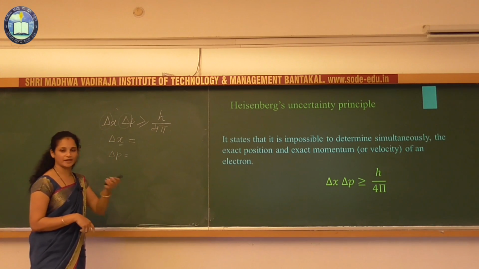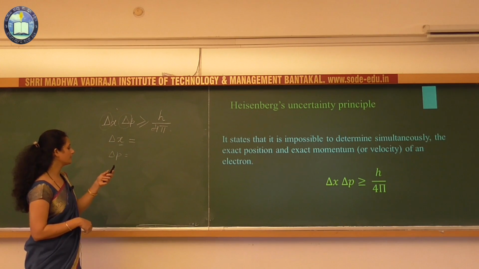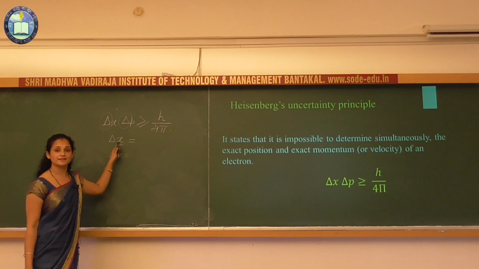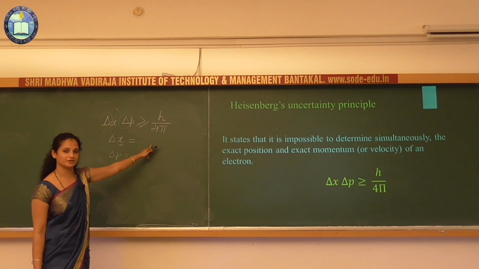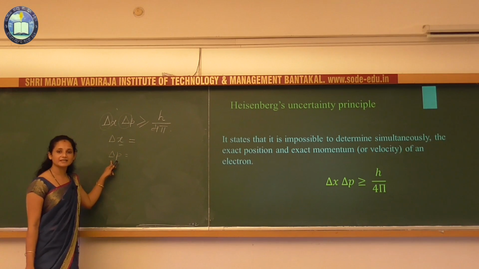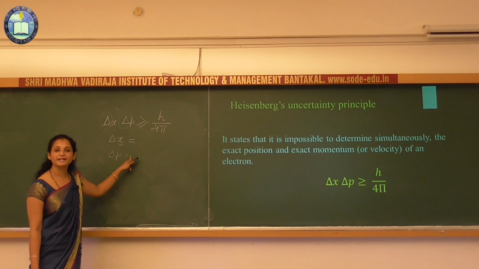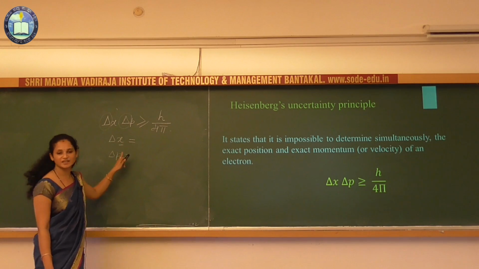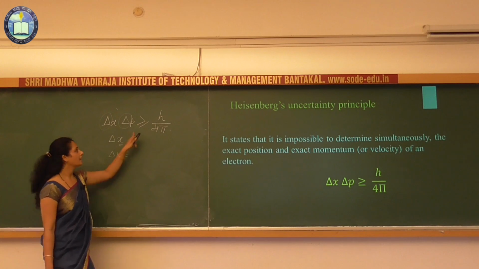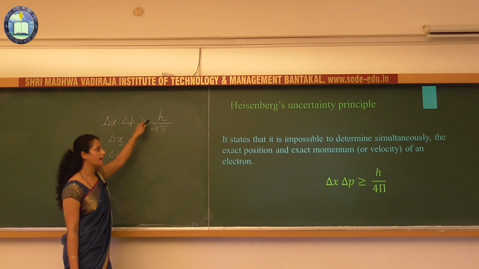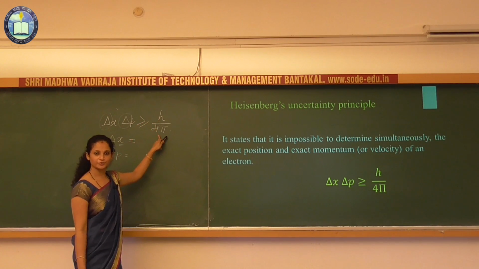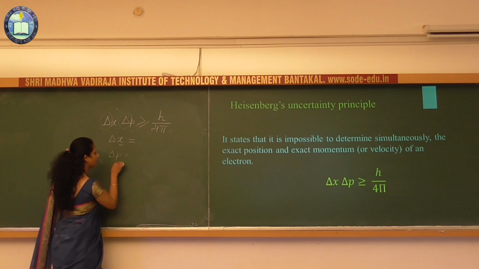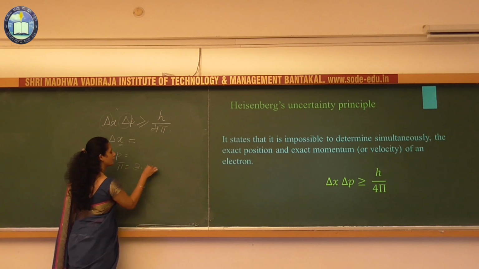So let me talk about the mathematical expression here. As I said, delta x is uncertainty in position, delta p is uncertainty in momentum, and the product is greater than or equal to h by 4 pi. We know the value of pi, 3.14.